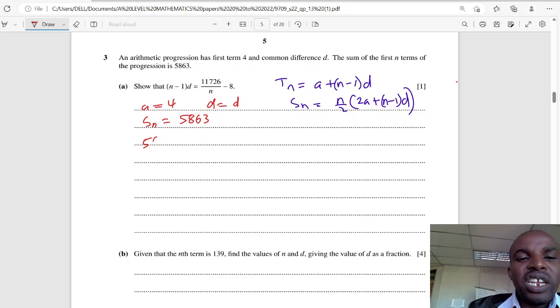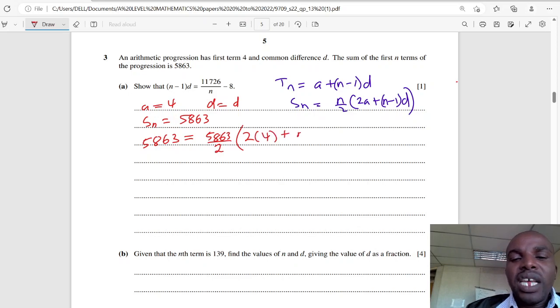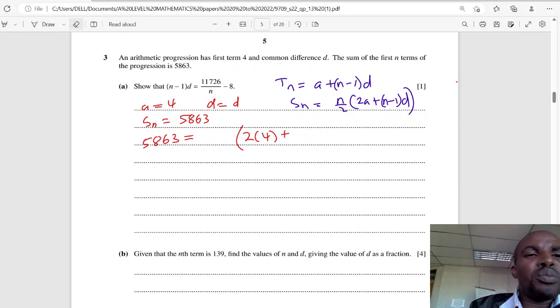It's just a matter of substitution here. 5863 equals n over 2, then 2 times a, which is 4, plus n minus 1, which is 586. This one is the sum, so you don't have to put this one, you have to put n.